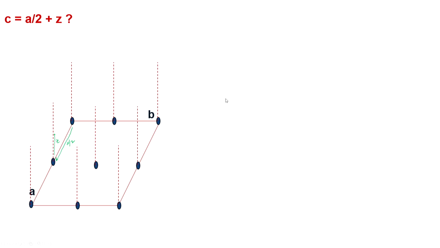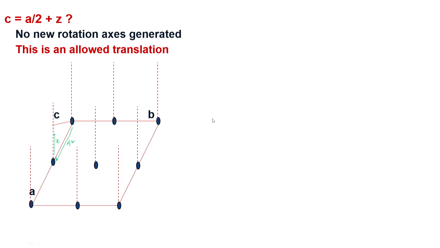So, the new C vector then simply becomes this, it goes up to some distance Z. Again we see that since this vector ends on a two-fold, this two-fold simply gets translated to the two-fold on the middle of the edge and hence again this gets superimposed. So, again no new symmetry axis is being created and therefore, this is an allowed translation.